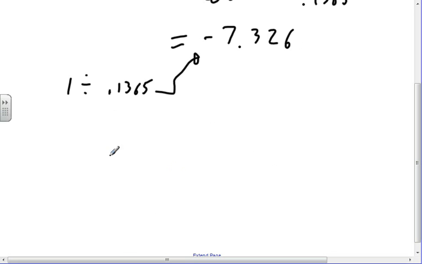All right, now I'm going to take the arc tangent of minus 7.326.